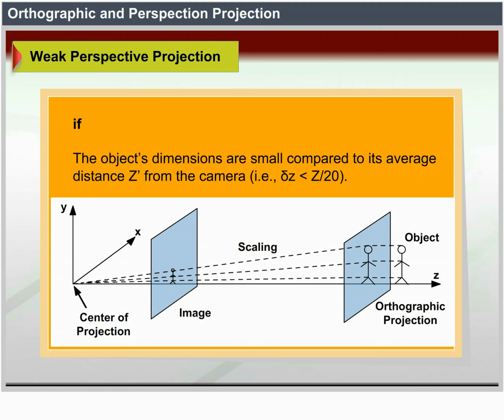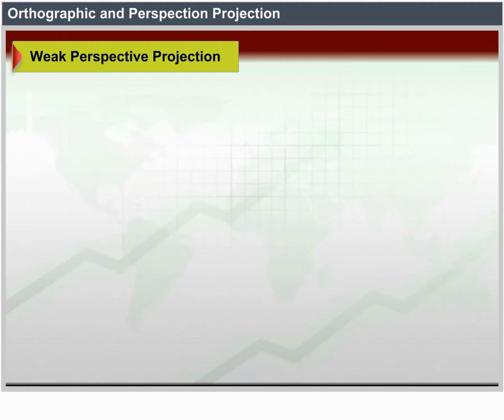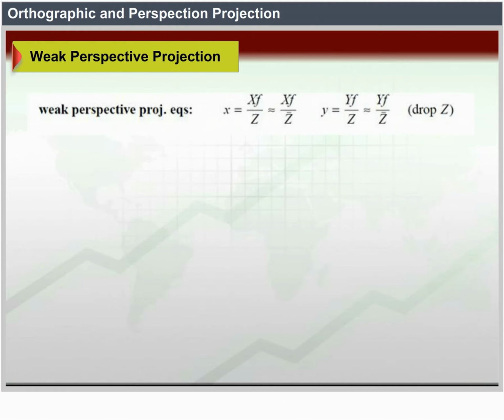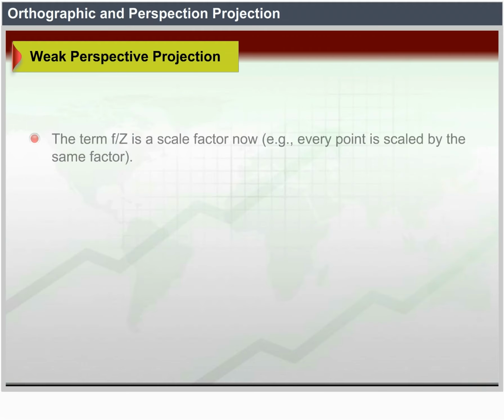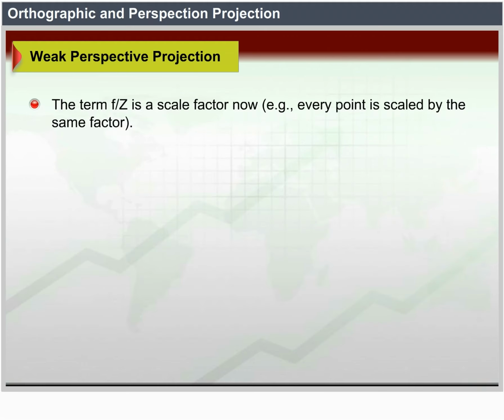Weak perspective projection equations. x equals Xf by Z, approximately equal to Xf by z-bar. y equals Yf by Z, approximately equal to Yf by z-bar. The term f by z-bar is a scale factor now. Every point is scaled by the same factor.